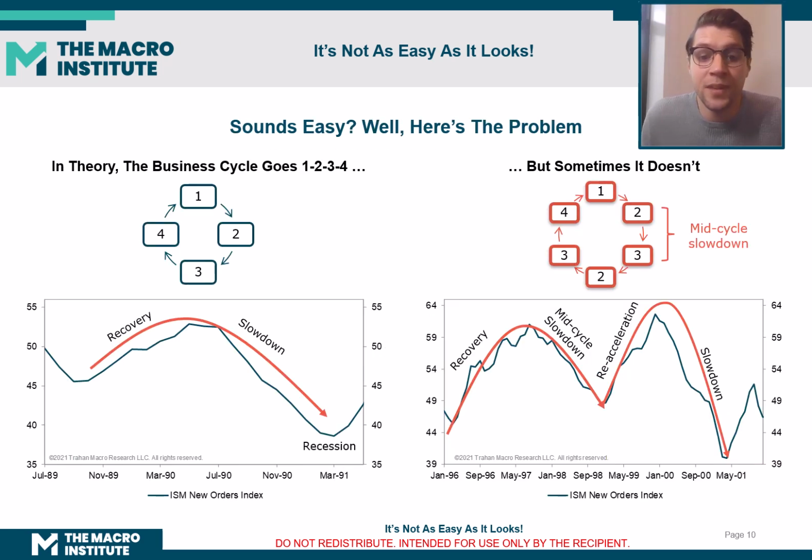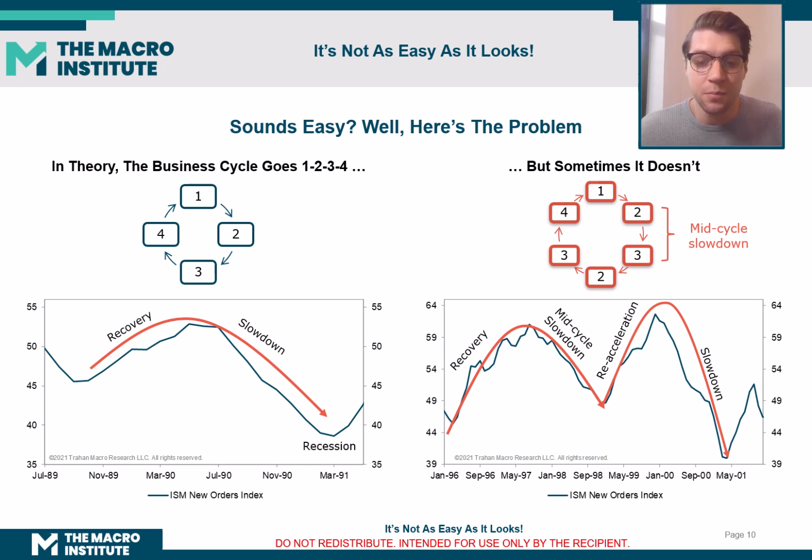And this is why. What I showed you was the textbook business cycle example where you get 1, 2, 3, 4. We show an example here on the left with the ISM New Orders Index. Again, this was generally pretty standard. However, what sometimes happens is you get a lot of mid-cycle slowdowns that aren't necessarily a turn in the cycle, right?